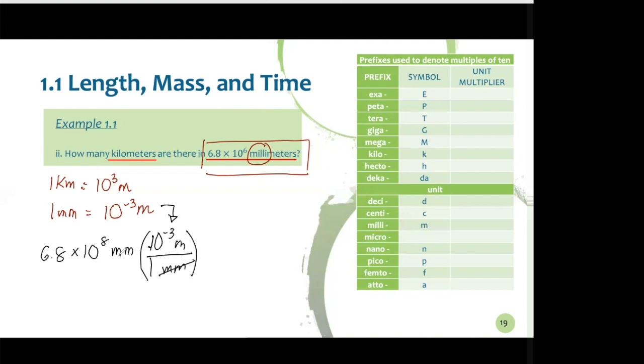So I can cancel this out. But I'm asking for a kilometer. Now we will use these units: 1 kilometer divided by 10 to the 3 meters so that I can cancel this.